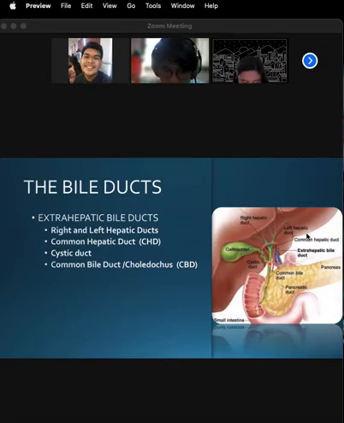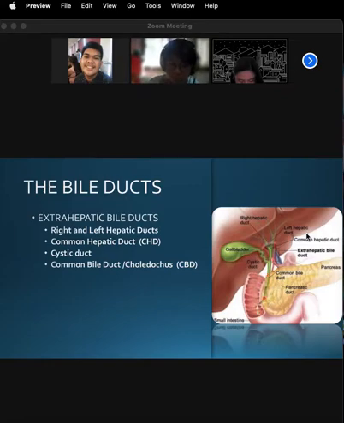On the other hand, if it is 2 centimeters or more in widest diameter, then we would be better off doing choledocho enterostomy bypass procedures like a choledochojejunostomy or a choledochoduodenostomy. Okay?